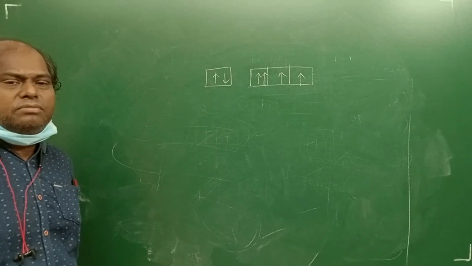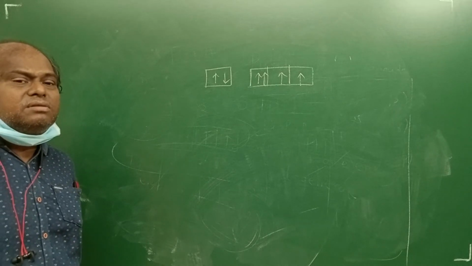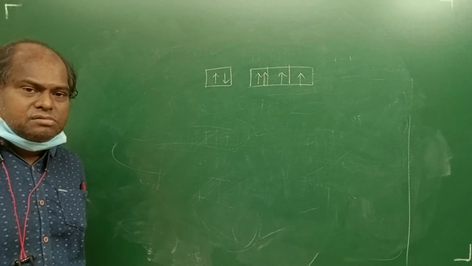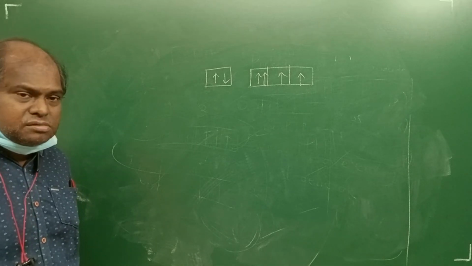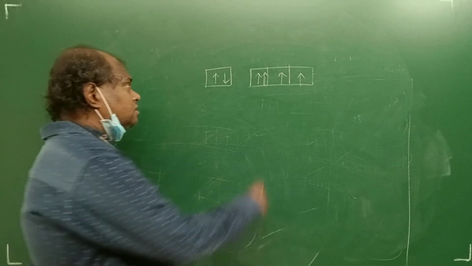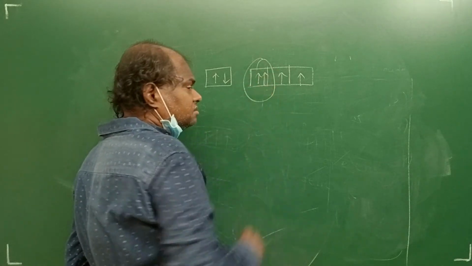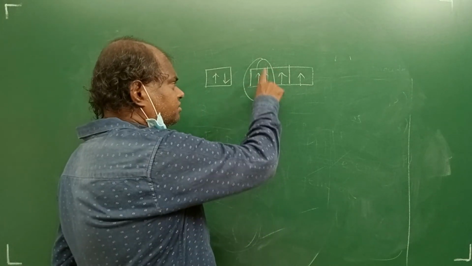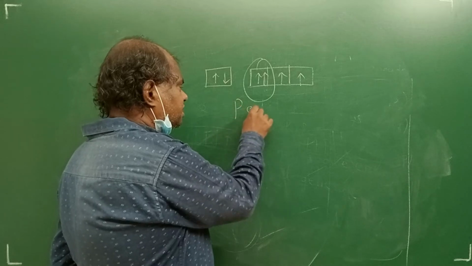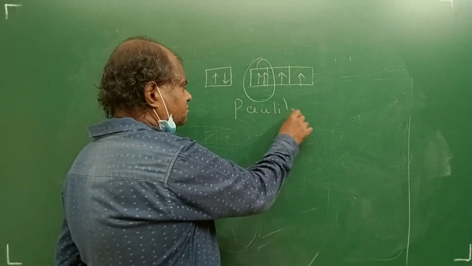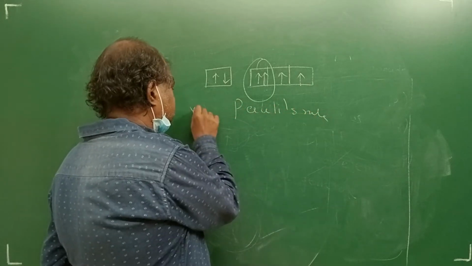Can you think, student? It violates which rule? It violates Pauli's rule. You see this box. This box has got two electrons with the same spin. So this violates Pauli's rule.